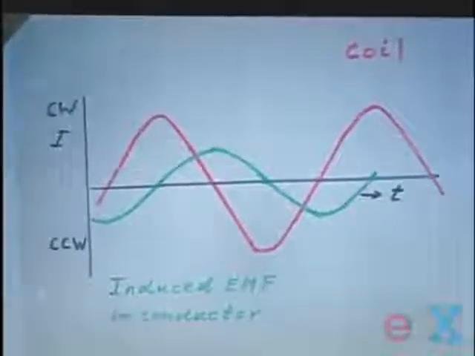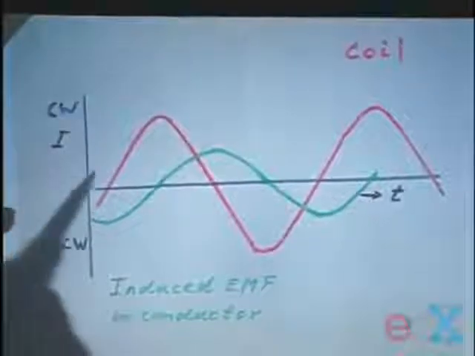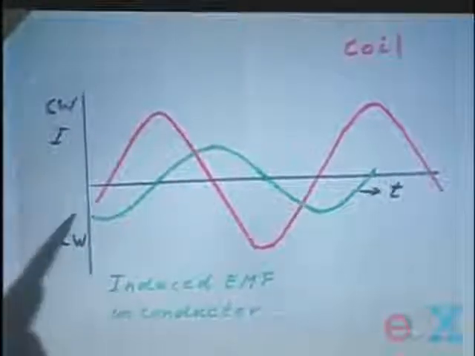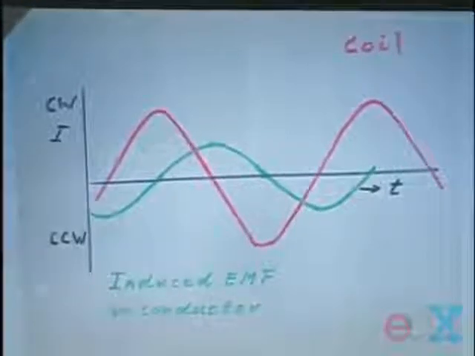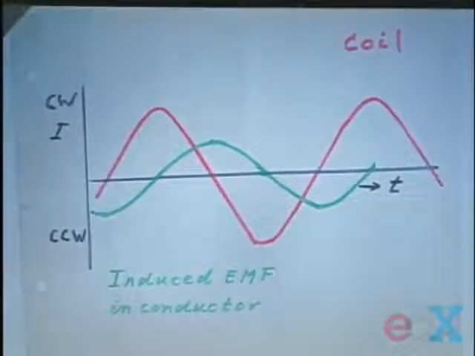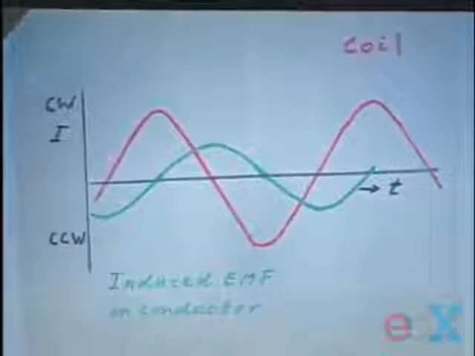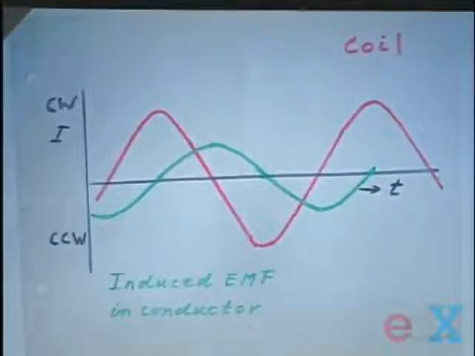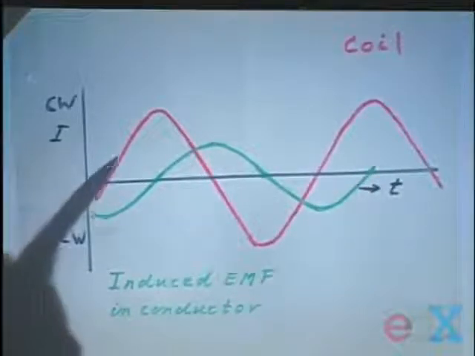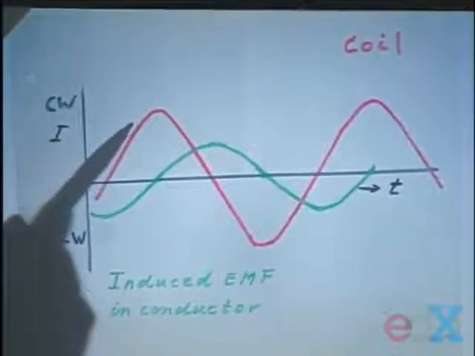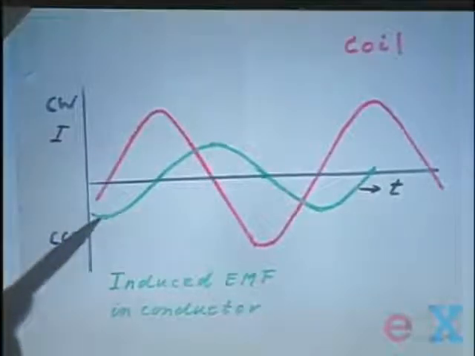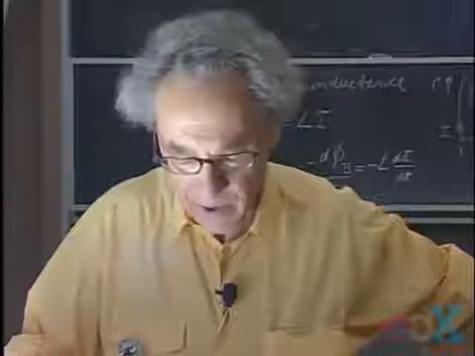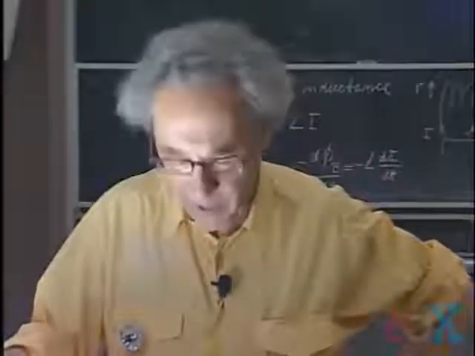This red curve is the current through the coil that you see there above. And when the current is above the black line, it's clockwise, and when it is below the black line, it's counterclockwise. The vertical scales are arbitrary. The green curve is the EMF which is induced in the conductor. Notice when the magnetic field increases, when the current goes up in the coil, that the EMF in the conductor is in such a direction that it opposes the change of that magnetic field.